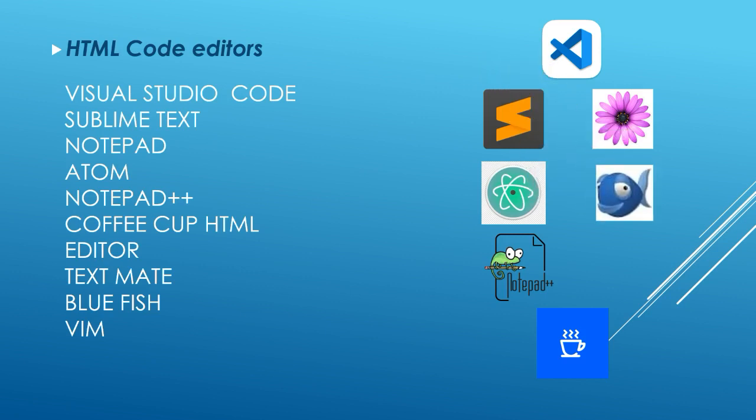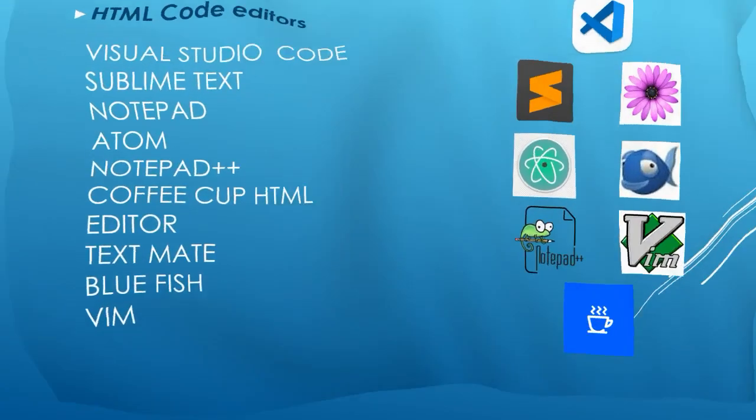This is Bluefish and Vim. For all these code editors, I will give a video, but for now I have given a video for Visual Studio Code. So before watching this video, watch that video too. And these are also good code editors, but the top one is Visual Studio Code. Now let's go to the next slide.